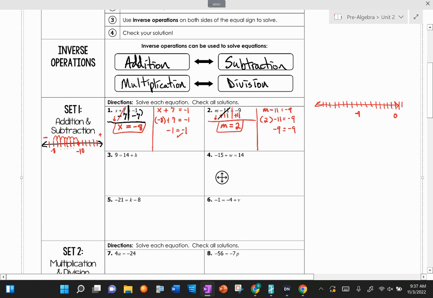Does this make sense? 7, 6, 5, 4. What's 9 minus 1?